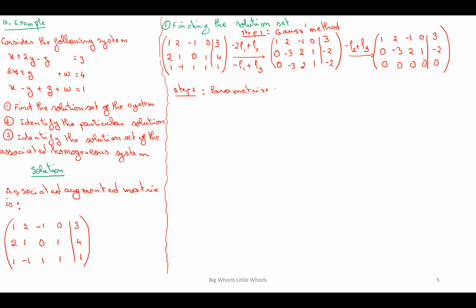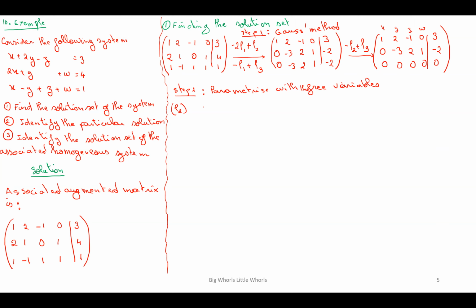Parameterize with free variables. Okay, row 2. How do you write row 2? Recall we have x, y, z, w.